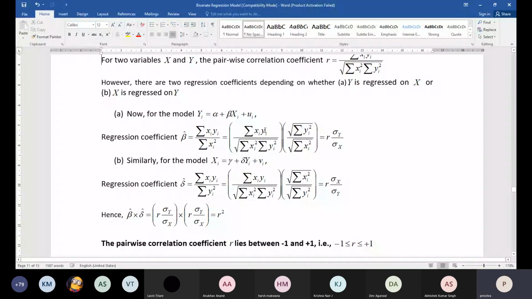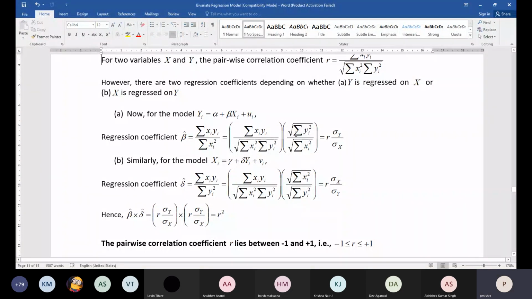Of course, we need to divide both numerator here by n, but because it would be cancelled out, I'm not mentioning that here, but it is obvious. So this is square root basically small of yi square.